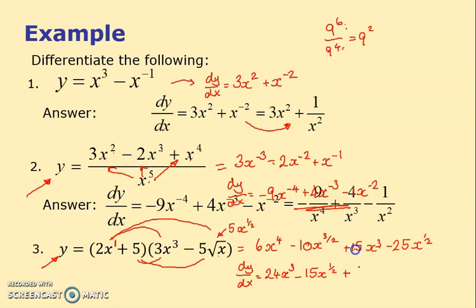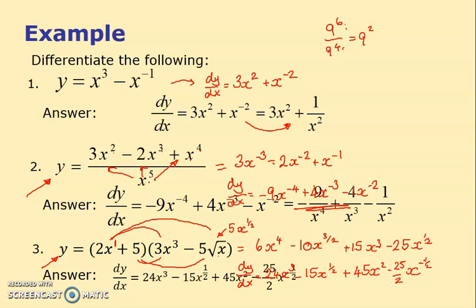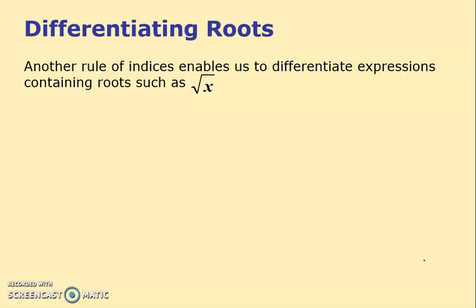Plus 3 15s are 45, knock off a power, x squared. Minus 25 over a half. Well, I could write 12.5, but I'm going to write 25 over 2, to get into good habits for A-level maths. And x to the power, if I knock off 1 from a half, I get minus a half. Let's see what my answer was. 24x cubed minus 15x, and minus 45x squared. That looks right.